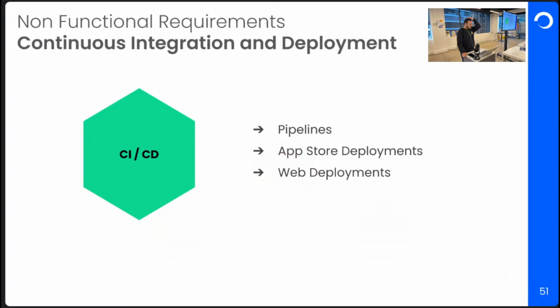You need to create deployment pipelines for publishing your apps to Play Store, App Store, publishing them to a test-based environment where developers and testers can download and test it in your actual production workflow. And then you have web pipelines as well for deployment.